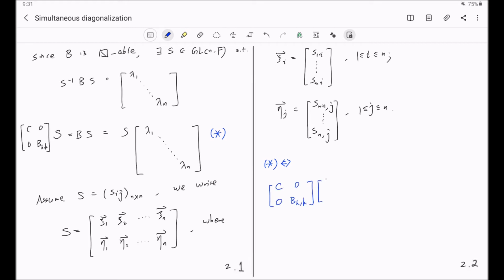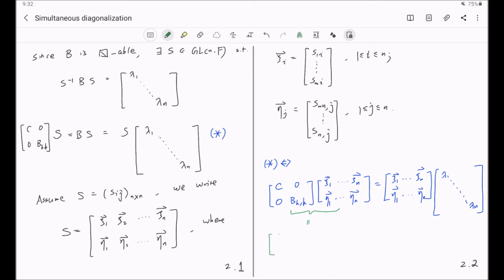So now you are replacing S with this block form. Now if you do the block matrix multiplication, this left hand side will be equal to this guy. And the right hand side becomes.